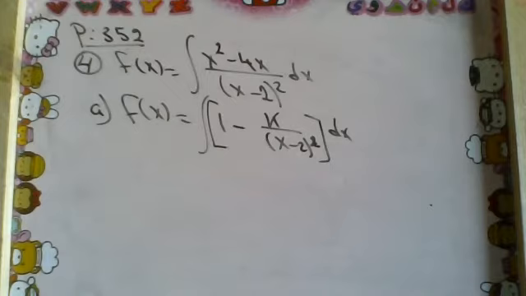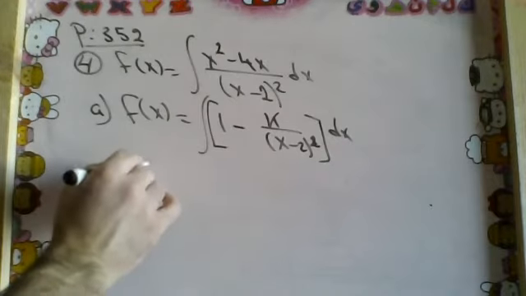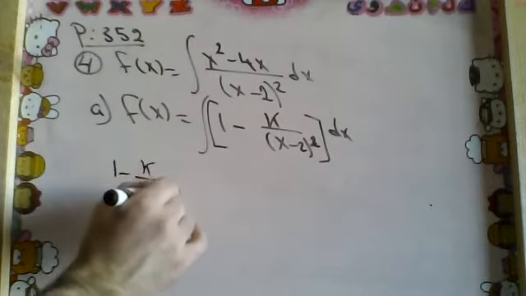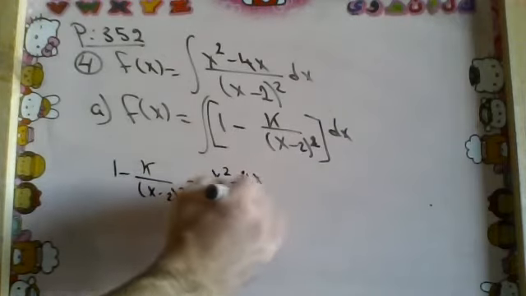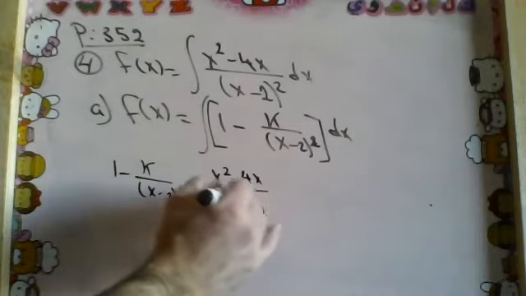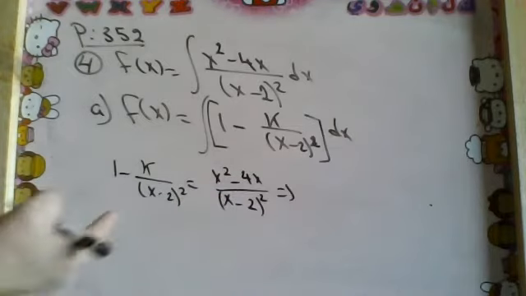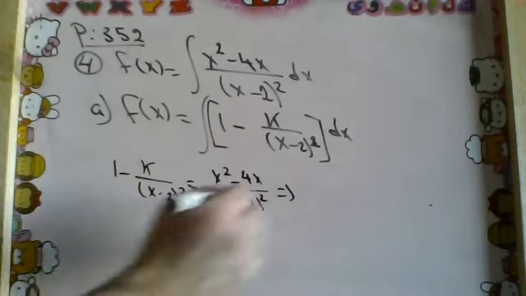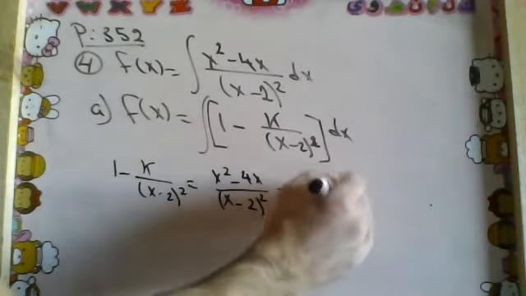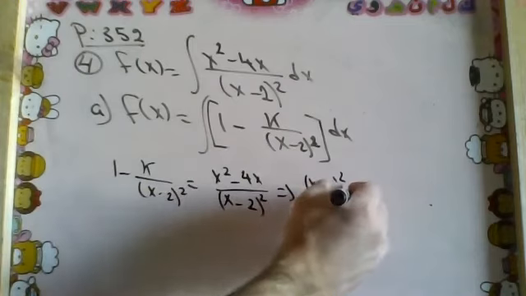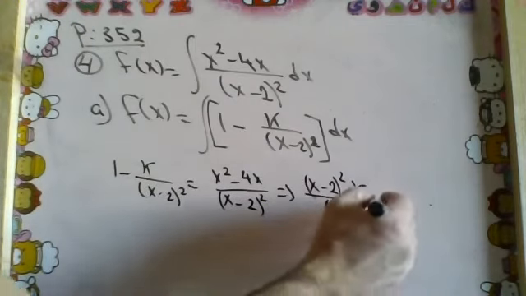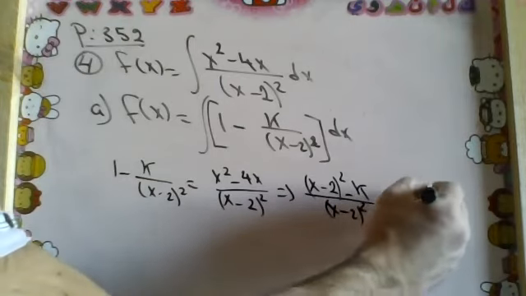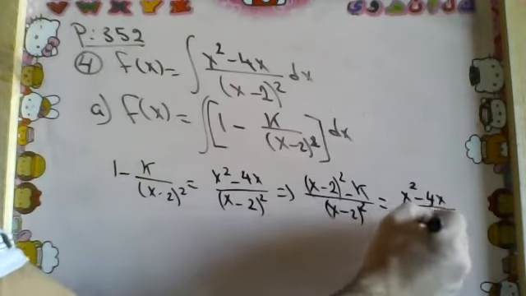I'm going to write it in two ways. 1 minus k over x minus 2 squared is equal to x squared minus 4x over x minus 2 squared. This means, with common denominator x minus 2 squared, that x minus 2 squared minus k over x minus 2 squared is equal to x squared minus 4x over x minus 2 squared.